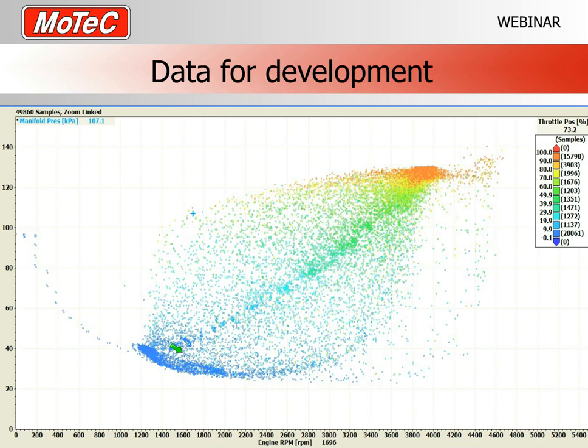We can also view data in another way, and an example here is called an XY scatter plot. In this case, the data coming from the ECU is all gathered into one kind of picture, and that picture is actually the boost curve of an engine. This particular engine has reasonably low boost, but this is manifold pressure or boost on the vertical axis and RPM across on the horizontal axis.